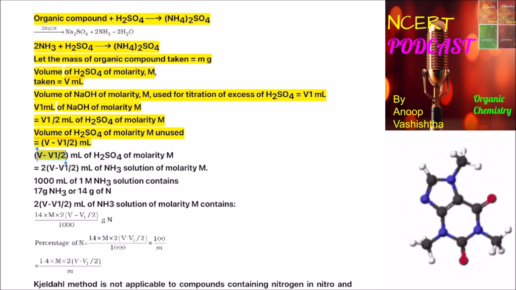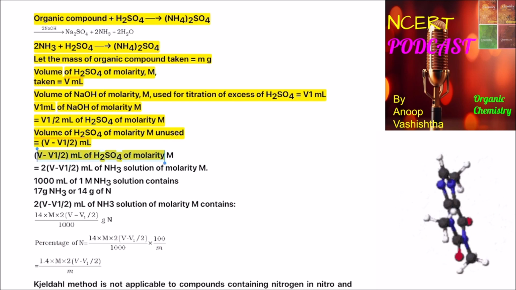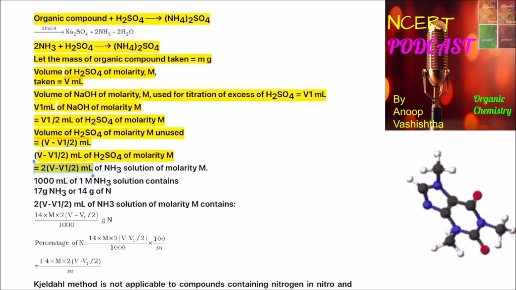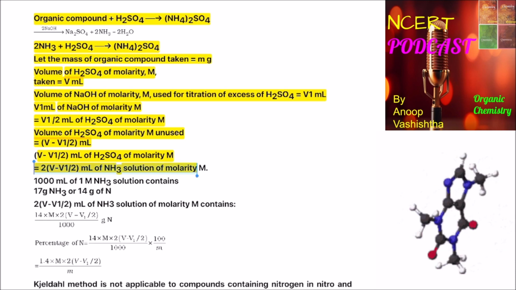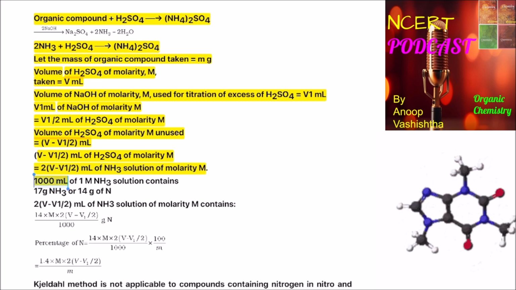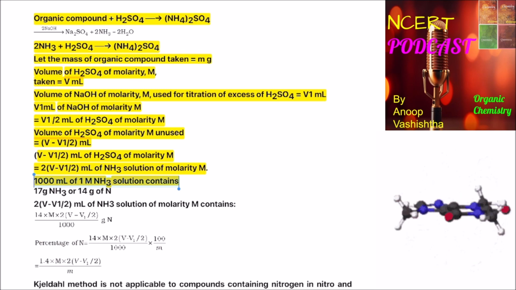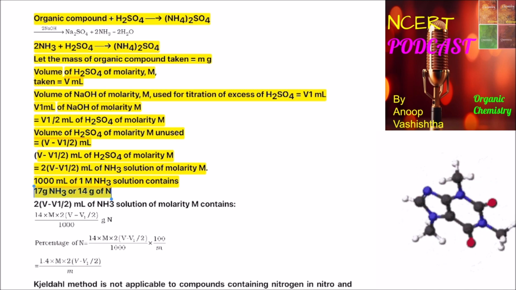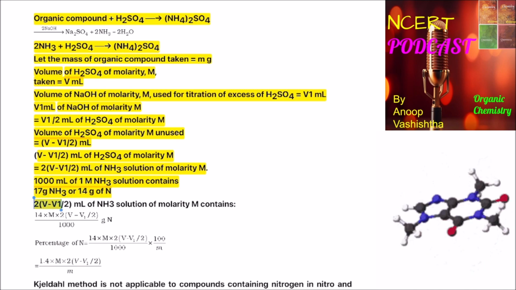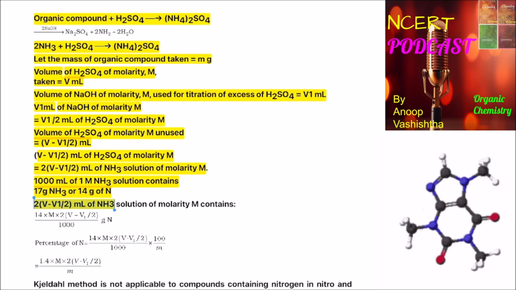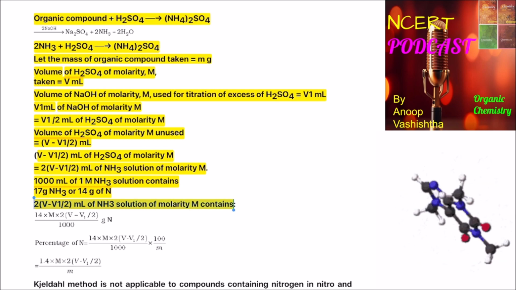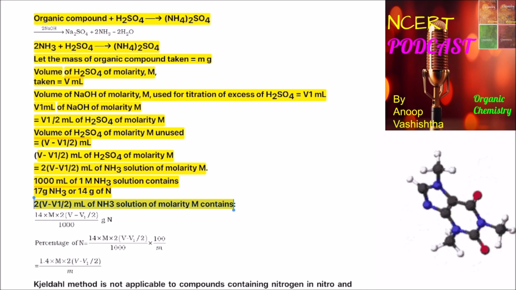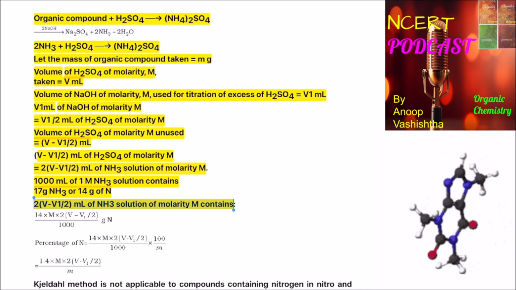V minus V1 by 2 milliliter of H2SO4 of molarity M is equal to 2 into (V minus V1 by 2) milliliter of NH3 solution of molarity M. 1000 milliliter of 1 molar NH3 solution contains 17 grams of NH3 or 14 gram of nitrogen. So 2 into (V minus V1 by 2) milliliter of NH3 solution of molarity M contains 14 into M into 2 (V minus V1 by 2) by 1000 grams nitrogen.